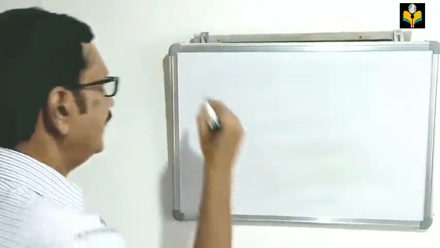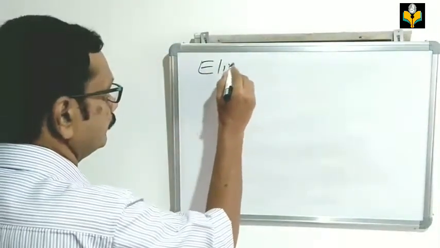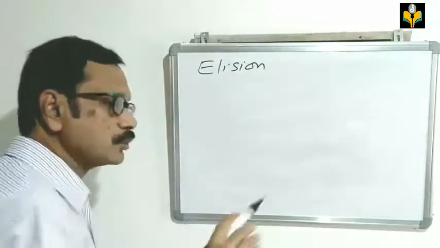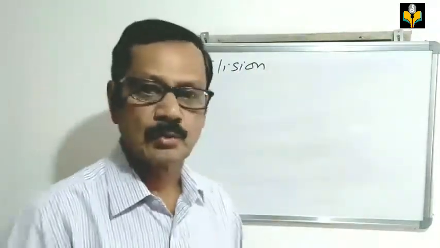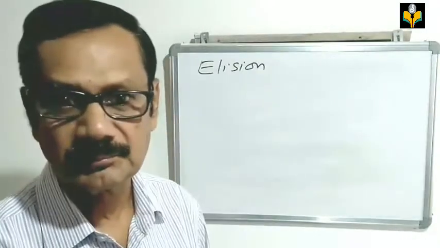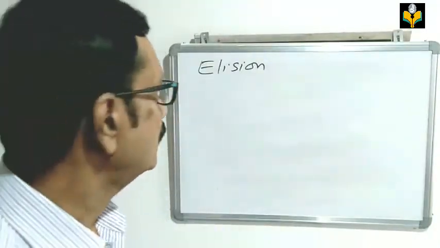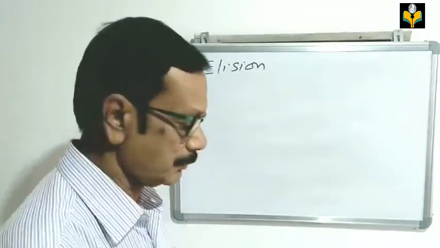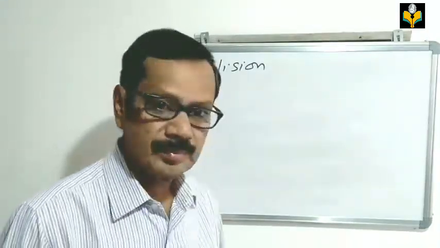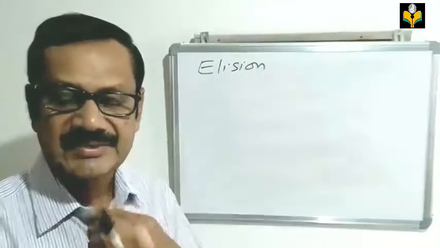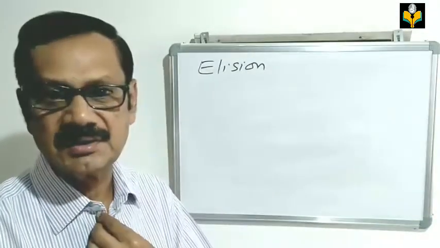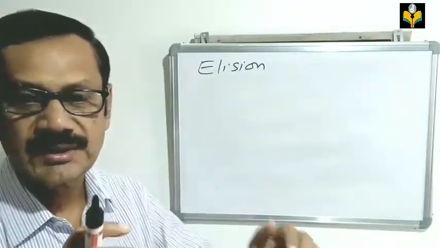Now the next one is elision. Elision means dropping of a sound. A sound is dropped, that is, we don't pronounce it at all. That is called elision or dropping. It is a sound that exists in a word when it is pronounced in isolation.